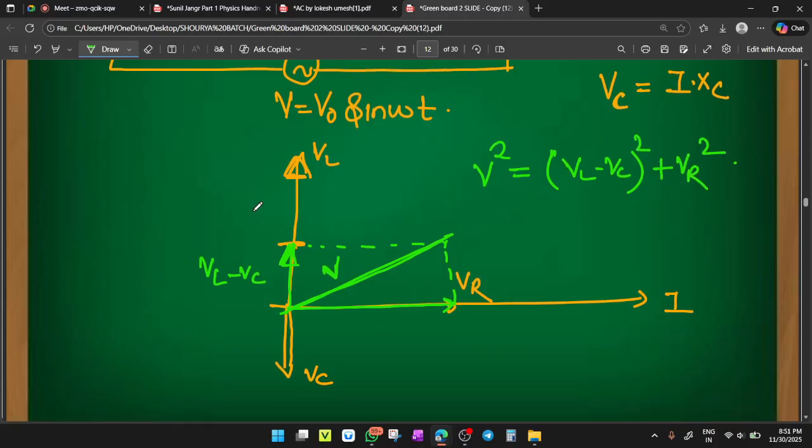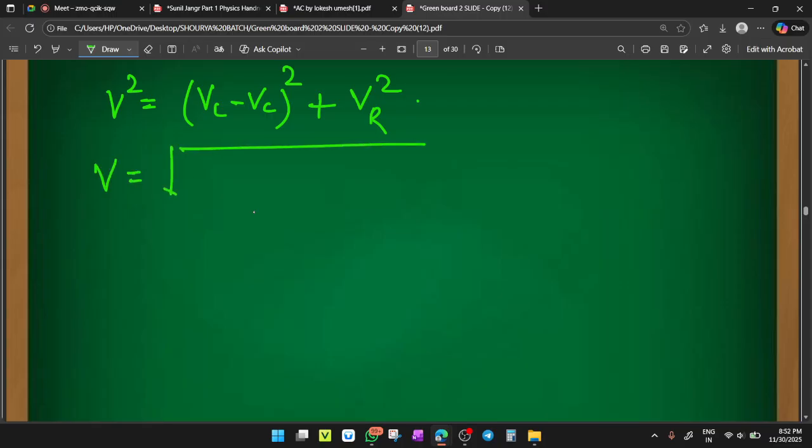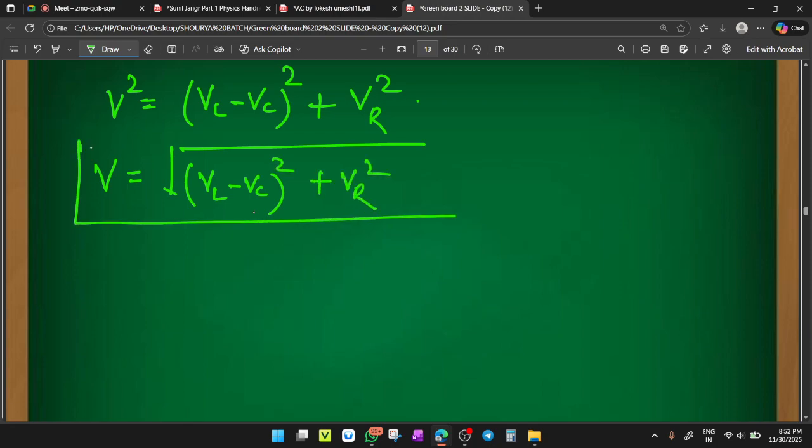Clear or no? So V equals under root of (VL minus VC) square plus VR square. So this is the relation for the resultant voltage.